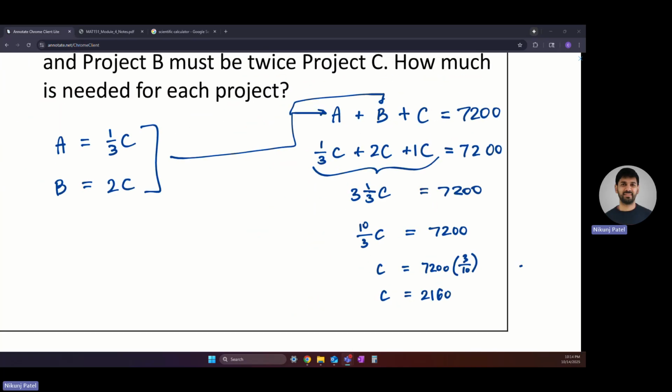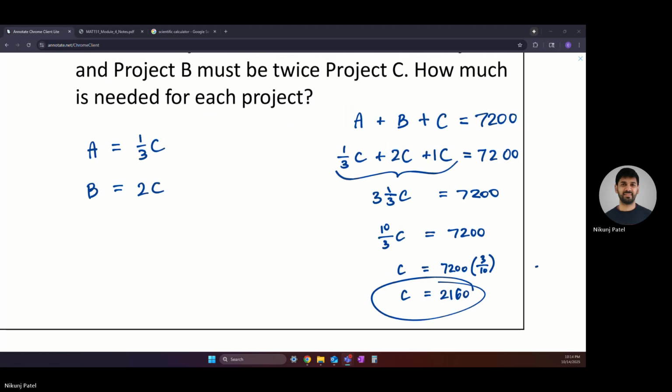So once we know what project C was, we can go back over here and figure out what A and B are. So for A, we know that it's 1/3 of C. Well, if we know that C is 2,160, we just do 1/3 times 2,160.